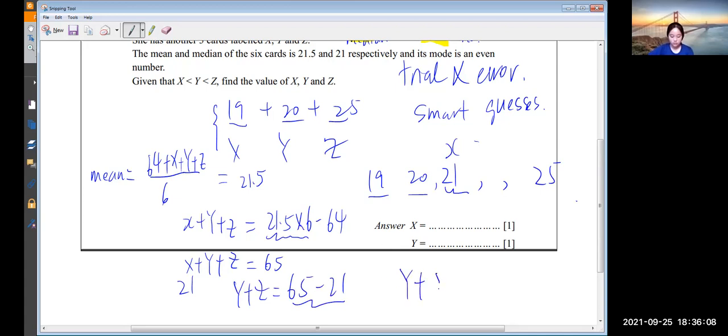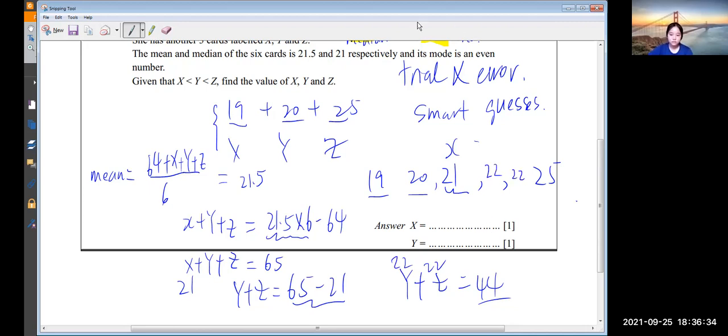So Y plus Z is 44. Now you need to find numbers that add up to 44. You can have 22 and 22. Let's say I try 22, 22.